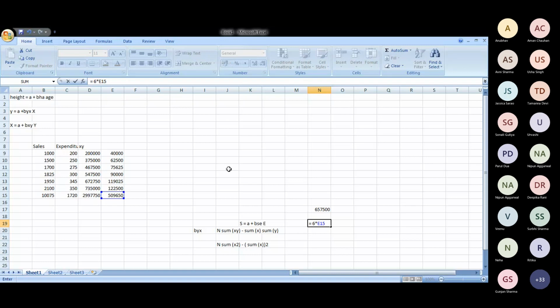n summation x square minus summation x whole square. So summation of x is 1720, and its square.